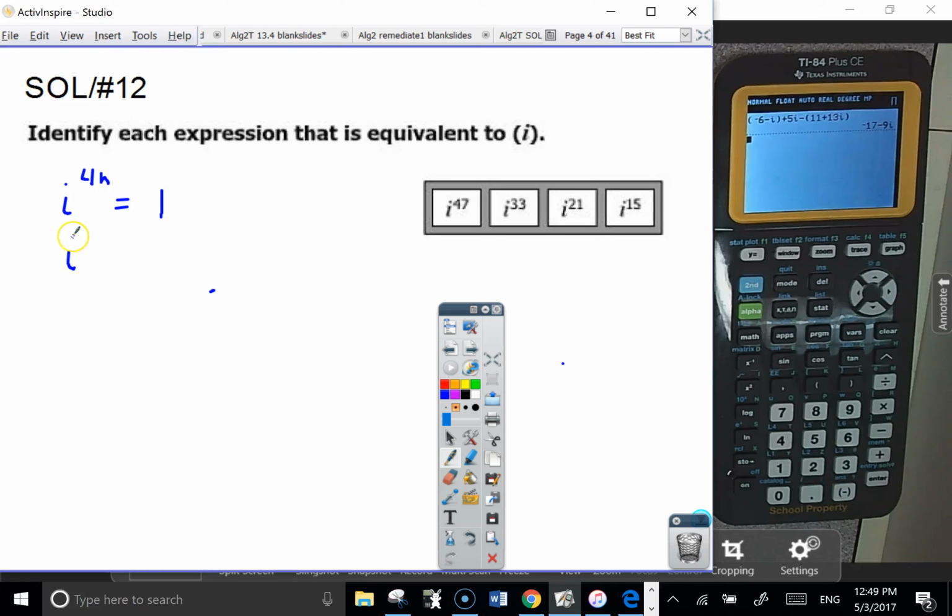All even exponents that are not a multiple of 4 equal -1. Right? If it's 1 more than a multiple of 4, like 4n plus 1, then it should be positive i. And if it's 1 less than a multiple of 4, it should be -i.